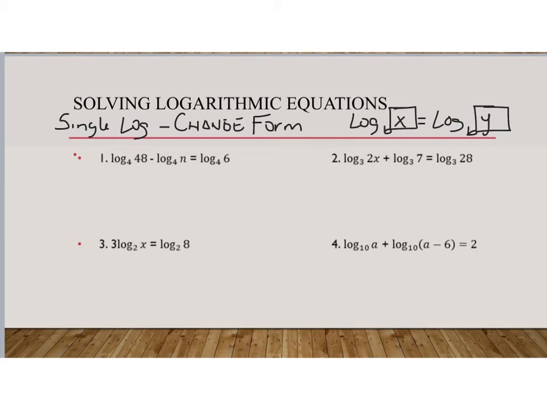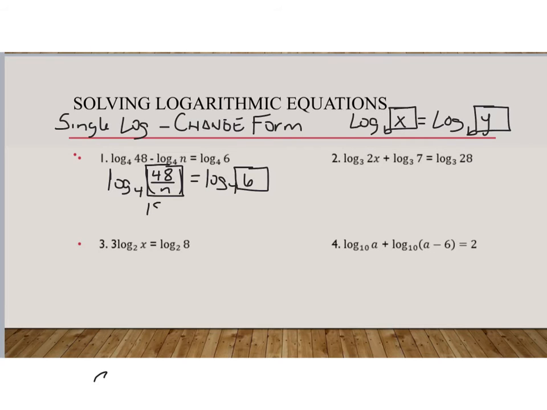All right, so number 1, I'm subtracting 2 logs here on the left side. So I could write this as log base 4 of 48 over n equals log base 4 of 6. Now again, same base logarithm, so 48 over n should equal 6.